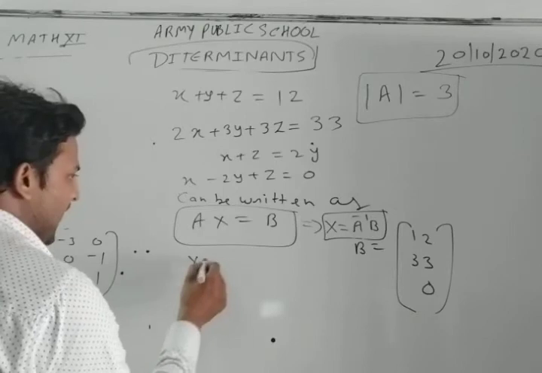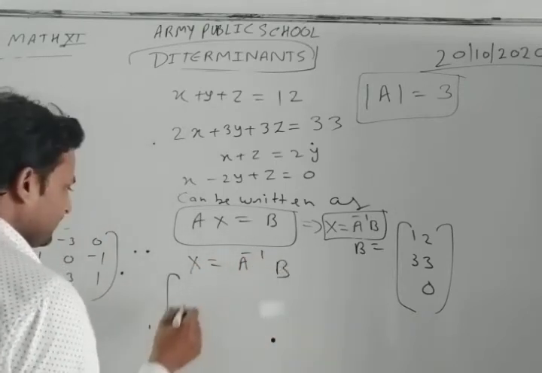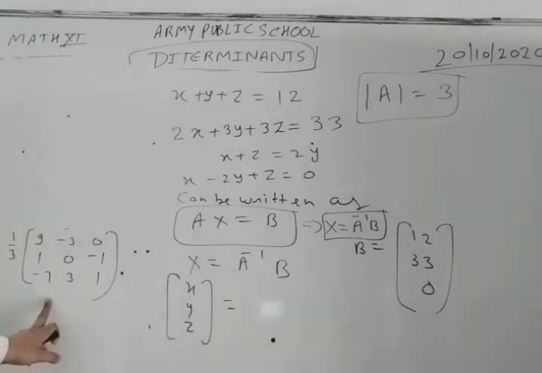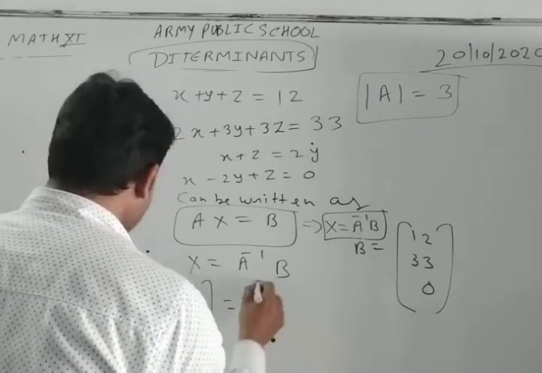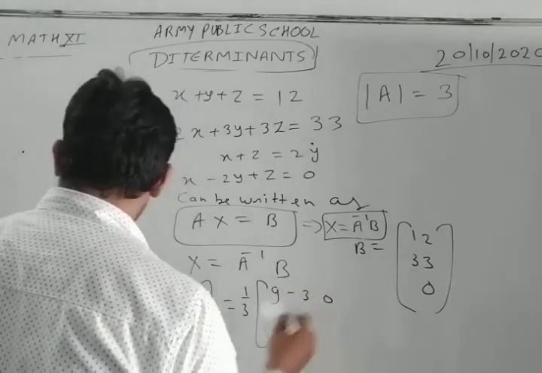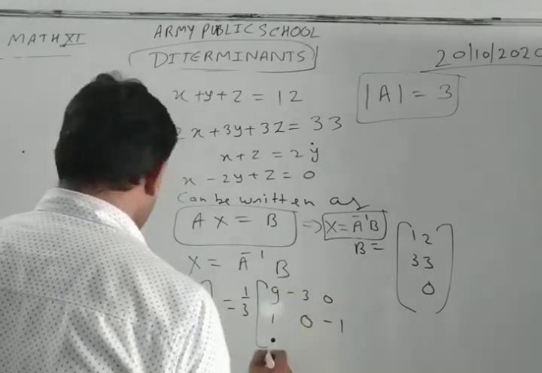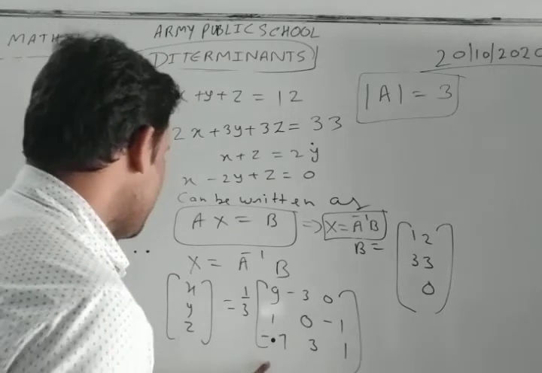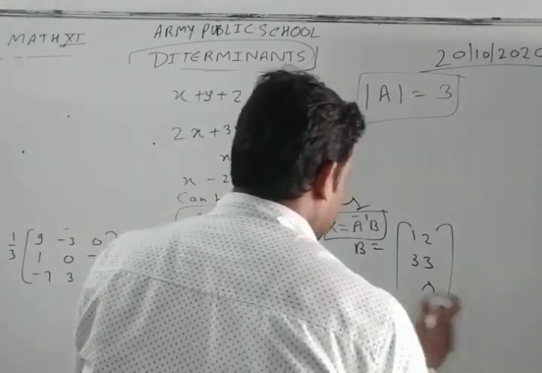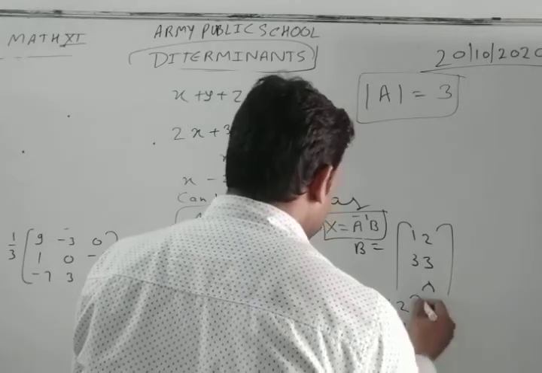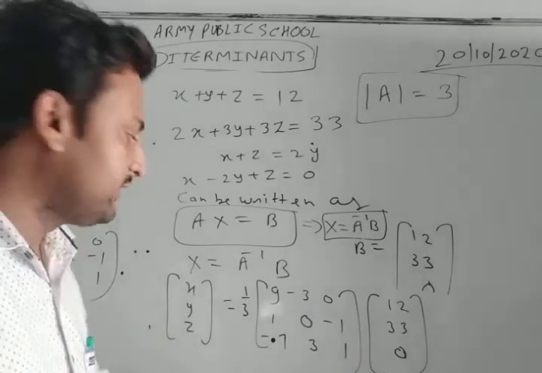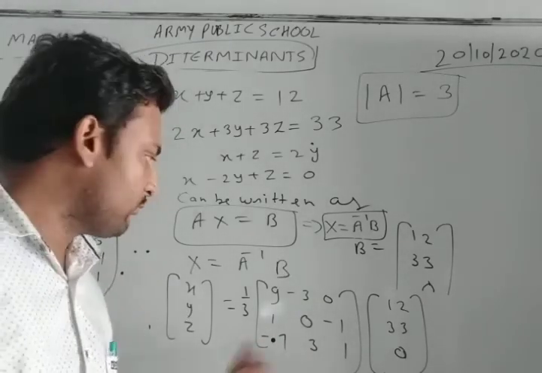X is x, y, z, A inverse is this, and B is 12, 33 and 0.